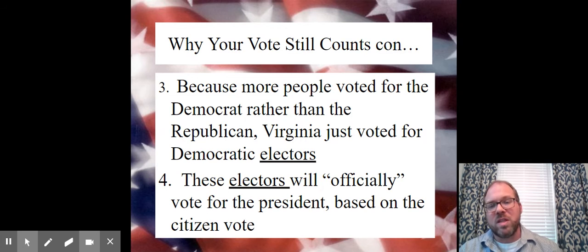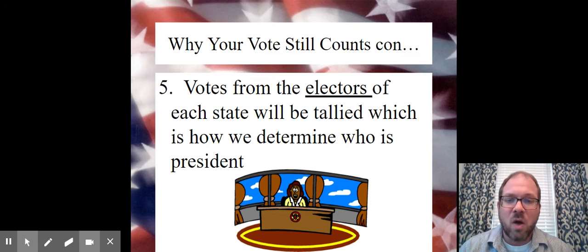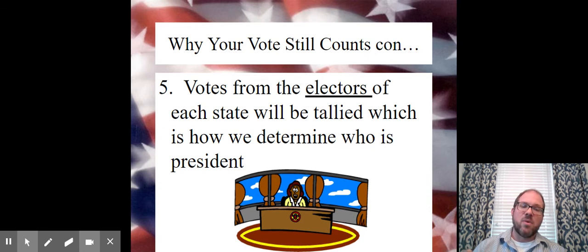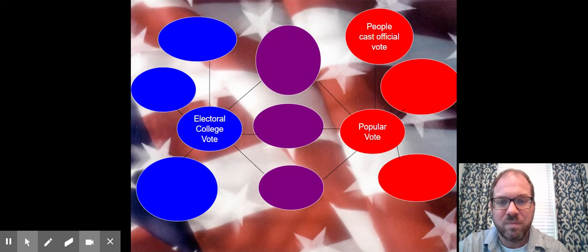Because more people voted for the Democratic than the Republican, Virginia just voted for the Democratic electors, and those electors will officially vote for the president based off the citizens' vote. So votes from the electors of each state will be tallied, and that's how we determine who is president. And whoever is the first man or woman to reach 270 wins the presidency.